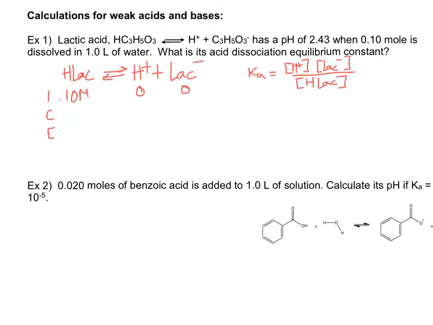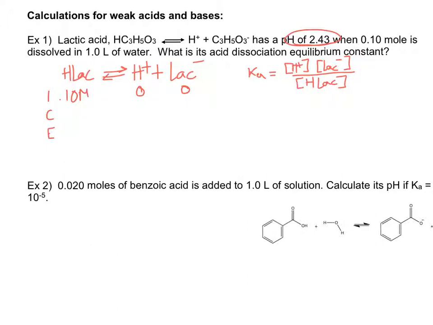And I know that some of it dissociates. I don't know how much. However, I am given another number. I'm not given the K, but I am given a pH. Now, what is the pH related to? It's related to the H plus concentration at equilibrium. So if I have the pH, that means I have the H plus concentration at equilibrium.